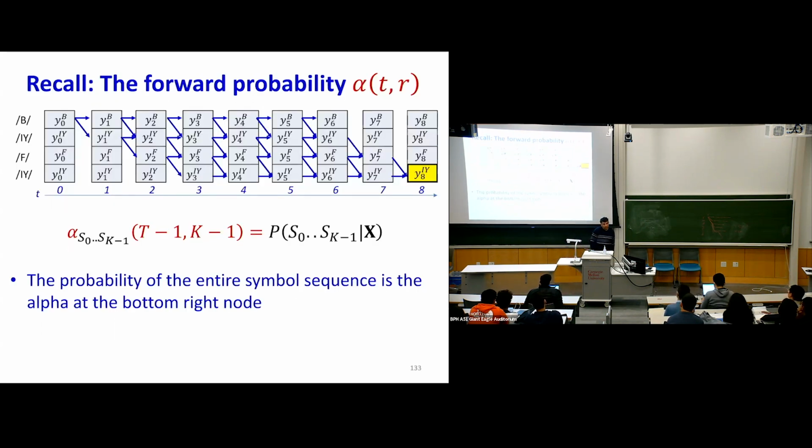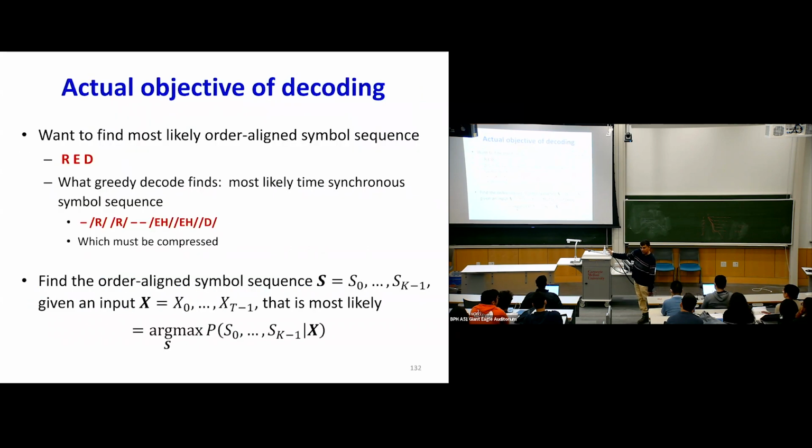If I give you a symbol sequence, I can compute this trellis. The probability at the bottom right node is going to give me the probability of the symbol sequence. So to solve this problem, I'd have to compose this trellis for every possible symbol sequence, all infinite of them, compute the alpha for all of them and pick the one which was most probable. That's what this problem is really asking me to do, and this is not going to be feasible.